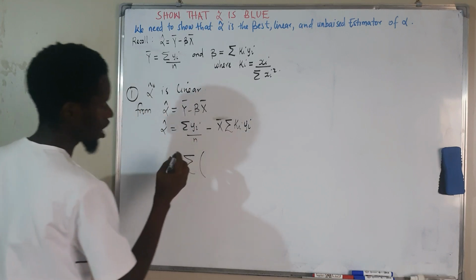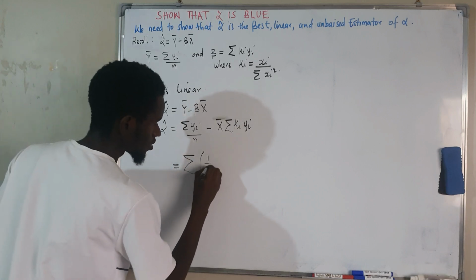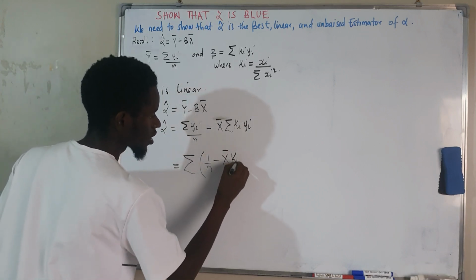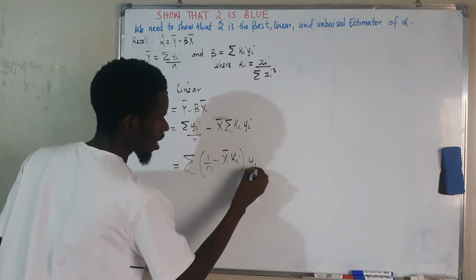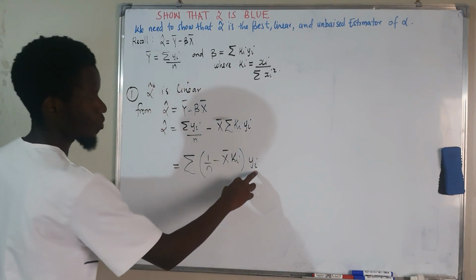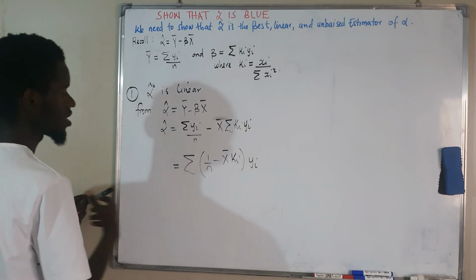Then in the bracket I have 1 over n minus x bar ki, then yi.